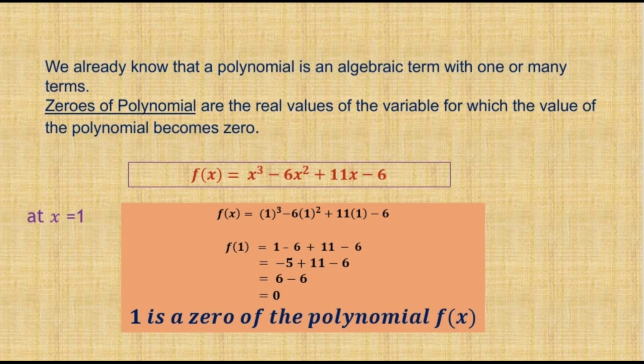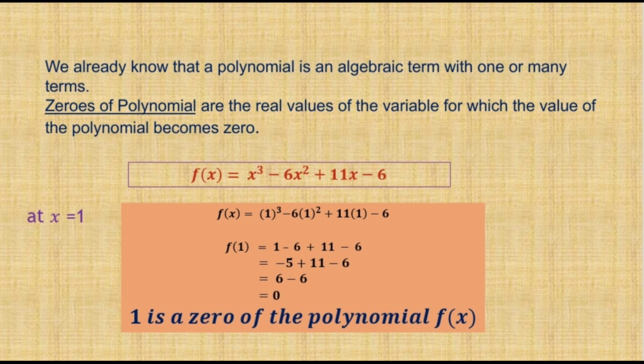That means when you substituted x equal to 1 in this polynomial, you got the result as 0. So, the value where the polynomial became 0 is called the zero of the polynomial. Therefore, for this particular example, 1 is the zero of the polynomial.